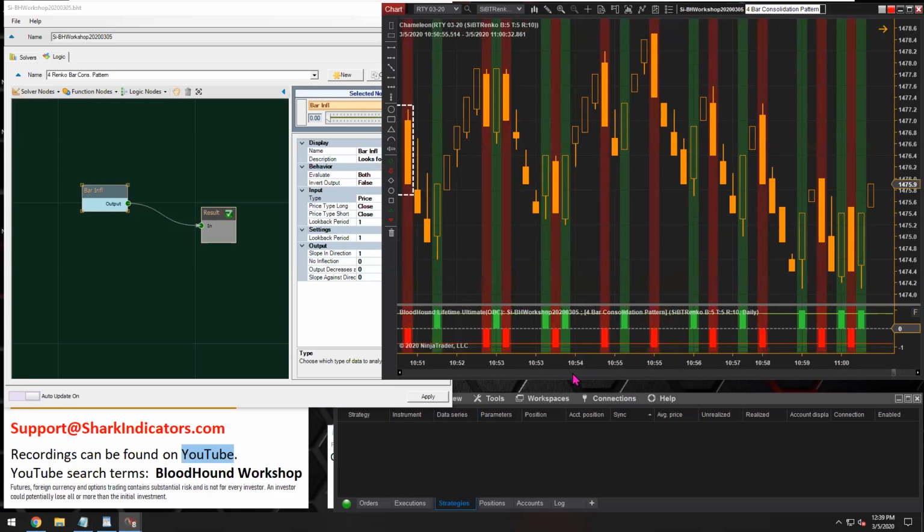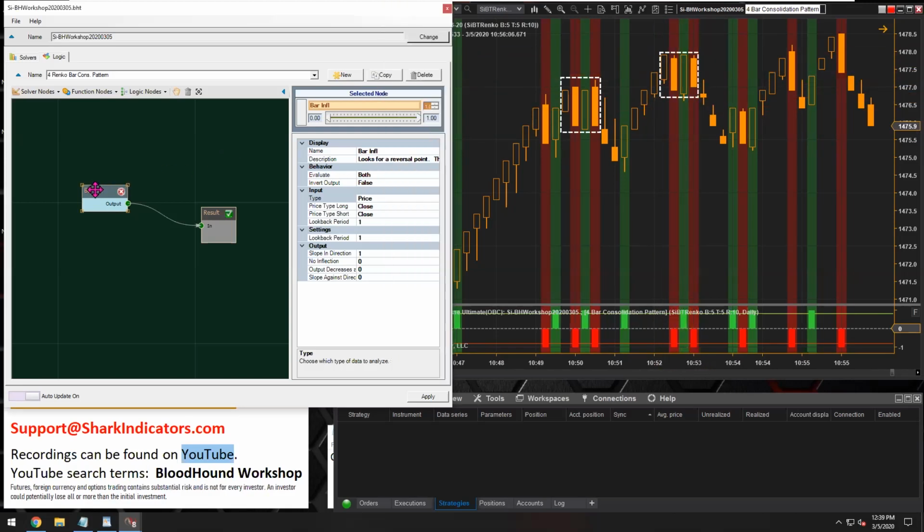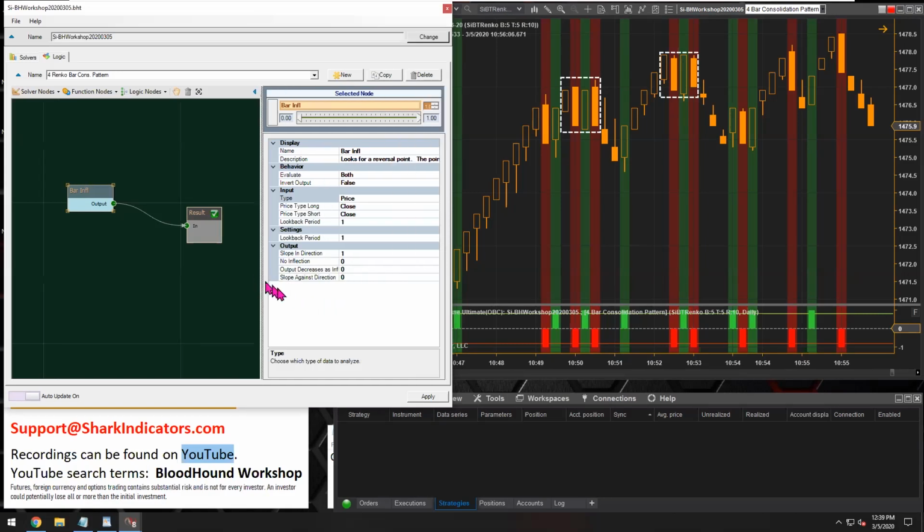So we need a minimum. There's another one, and another one right there. We need a minimum of 3 inflection signals here.